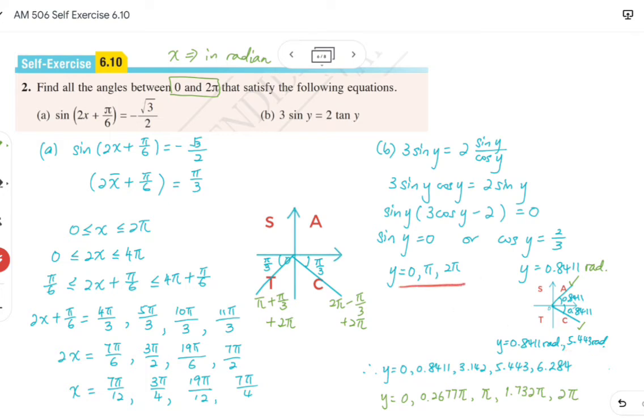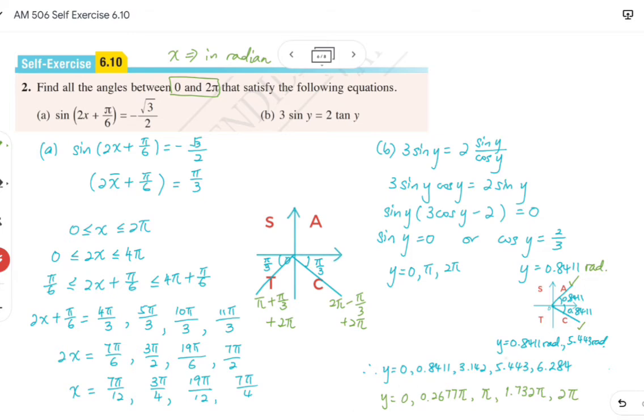Therefore, put all this into one line. We get y in 0, 0.8411, the pi, which is 3.142, and then 5.443, and 2 pi, which is 6.284. All these are in radian.